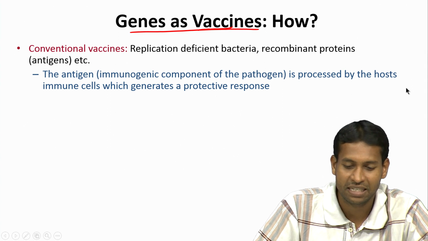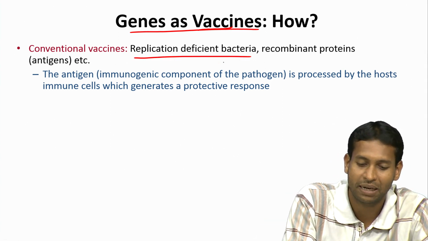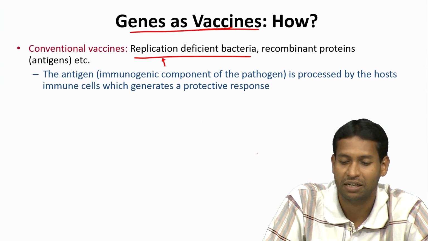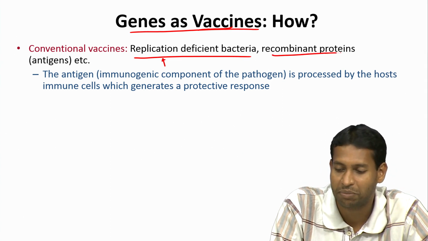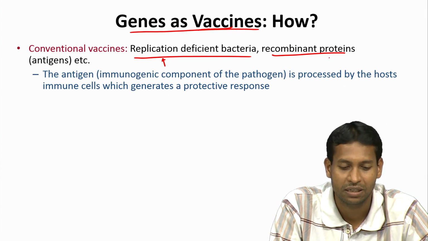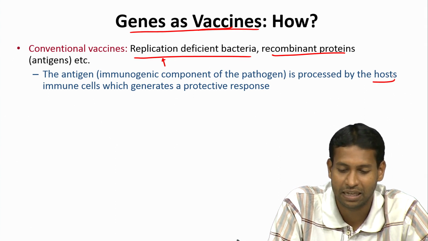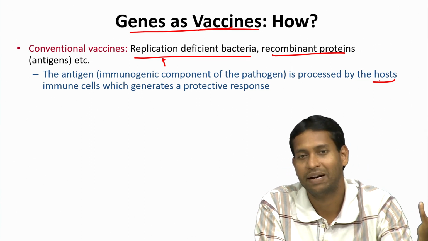In conventional vaccines, you deliver inactivated bacteria, which could be replication defective, or you use recombinant proteins, such as subunit vaccines. These antigens, which are the immunogenic component of the pathogen, are then processed by the host cell and presented to the adaptive immune response.